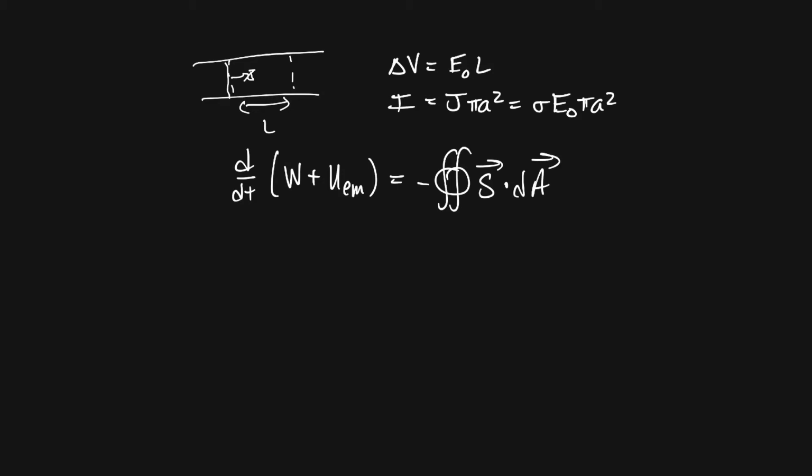In this case, E and B do not change with time. And so the electromagnetic energy change is 0. It doesn't contribute. It's not that it itself is 0, but that the time rate of change of it is 0. Let's make that more explicit: the time derivative of that is 0.